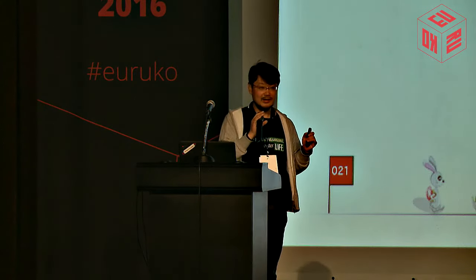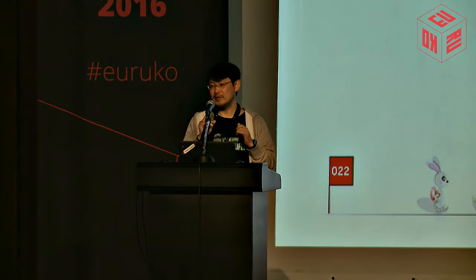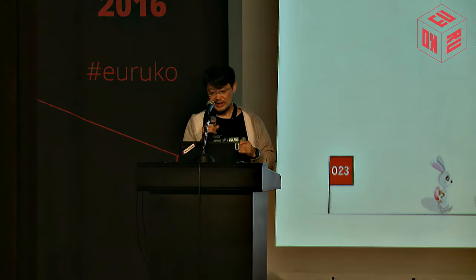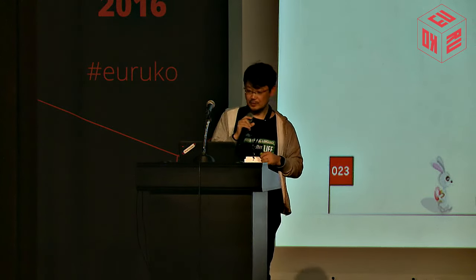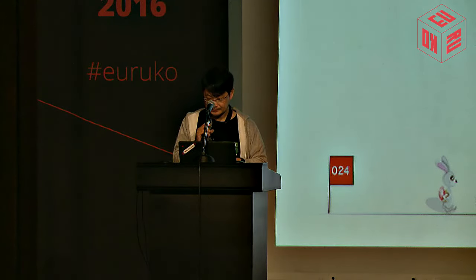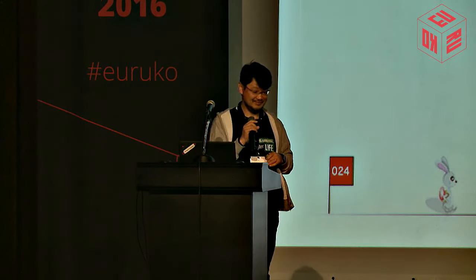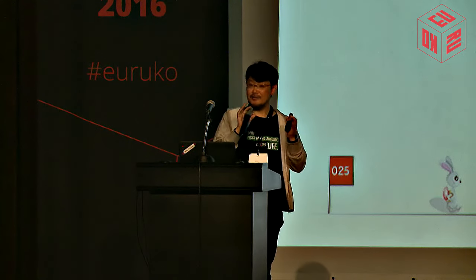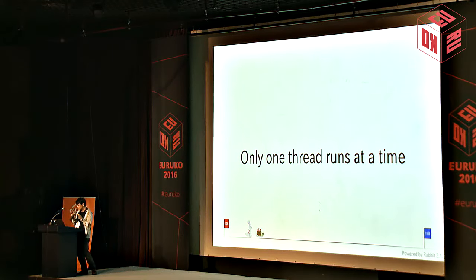But we have issues in thread programming, especially in Ruby, which has the GIL, which stands for Giant Interpreter Lock. By the effect of the GIL, only one thread runs at a time in a Ruby virtual machine. So no parallelism, only one thread, even on a multi-core machine.